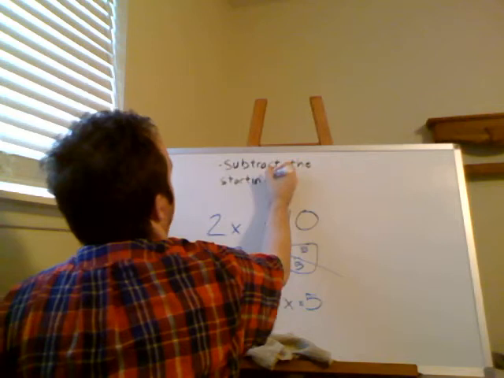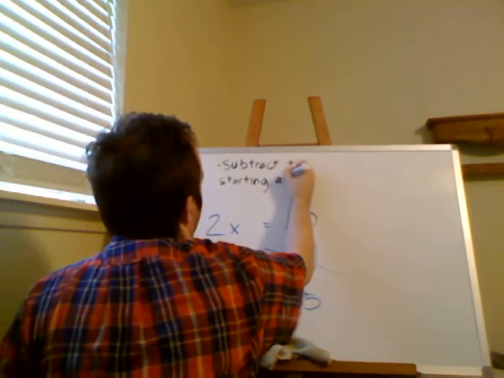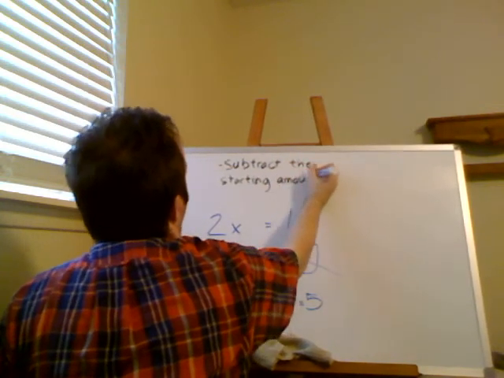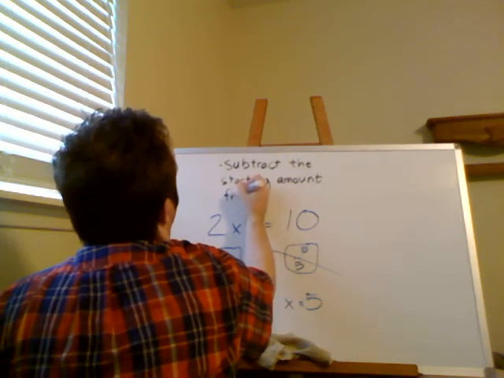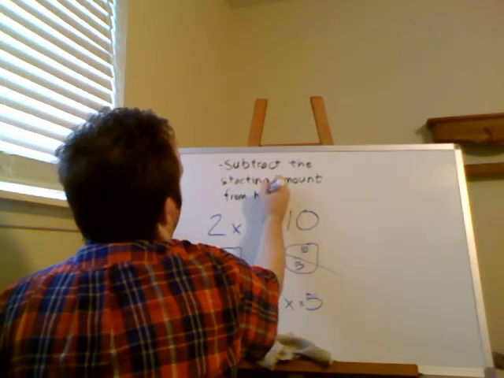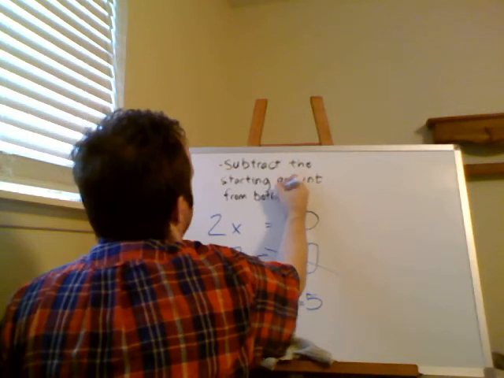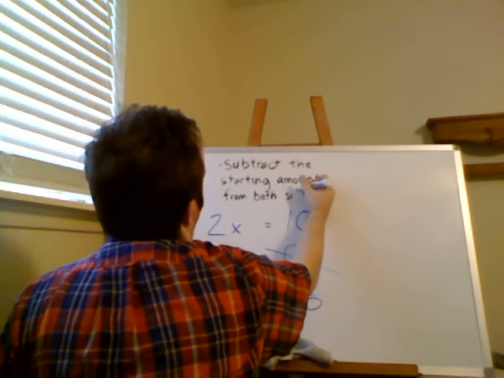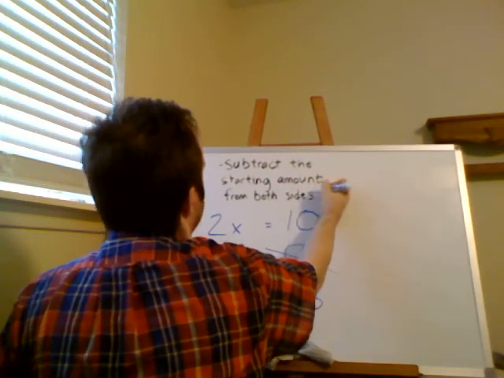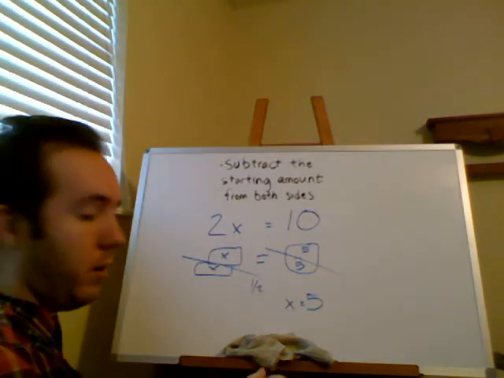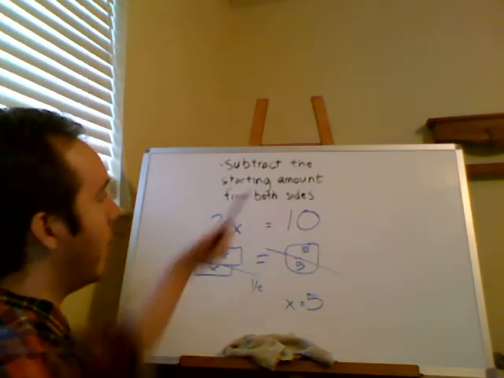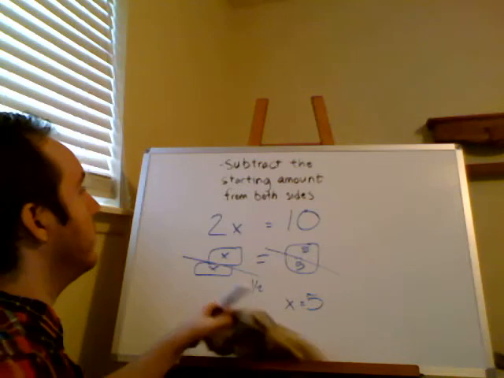I didn't write this when I was in the class with y'all, but I want to write it this time, just to be clear, from both sides. Subtract from both sides. Always, always, always in algebra, what you do to one side of an equation, you must also do to the other side of an equation. Okay? So we subtract the starting amount from both sides.